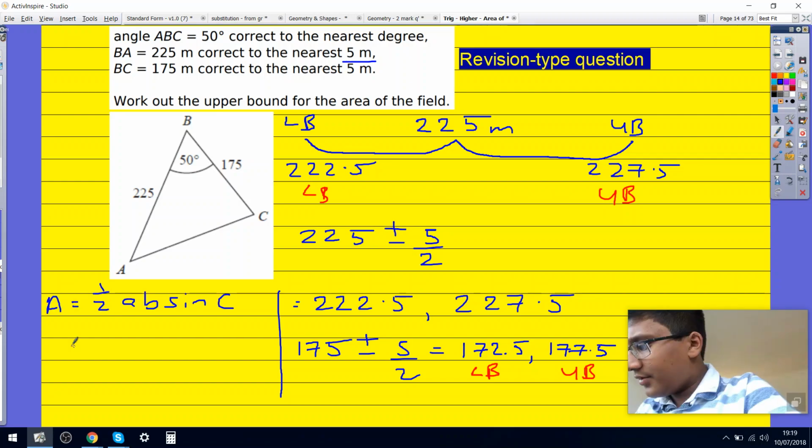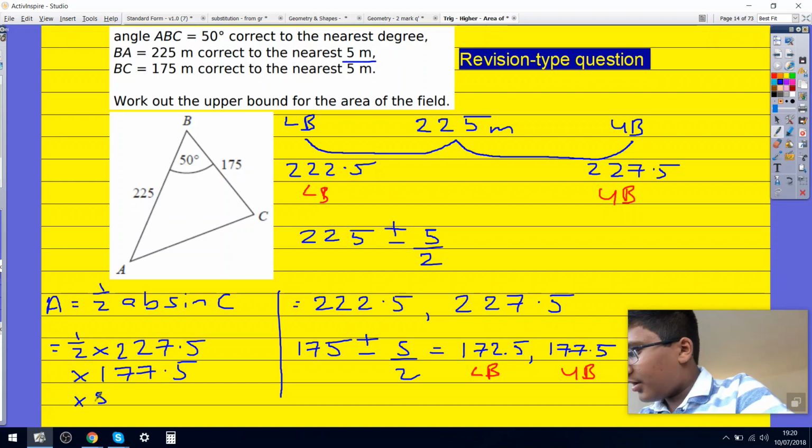And then we just have a half times 227.5, and then multiplied by 177.5, and then times sine 50.5. Well done.